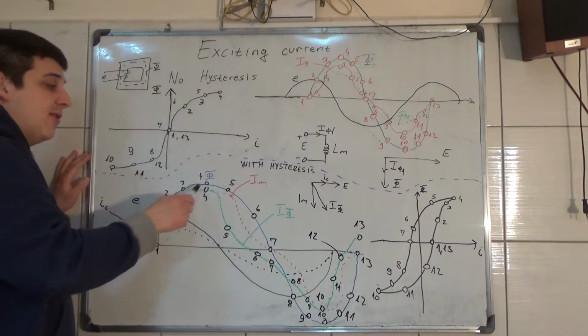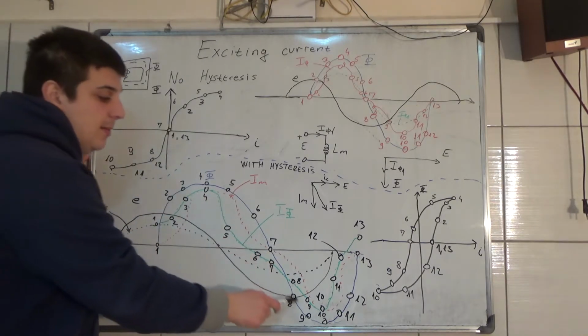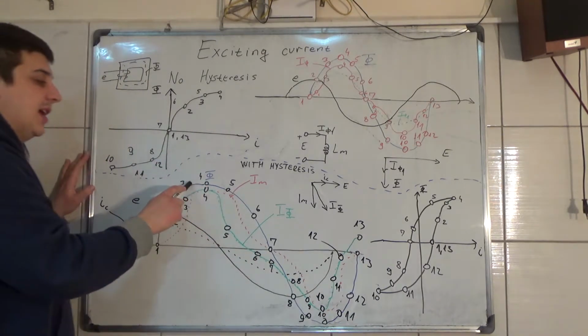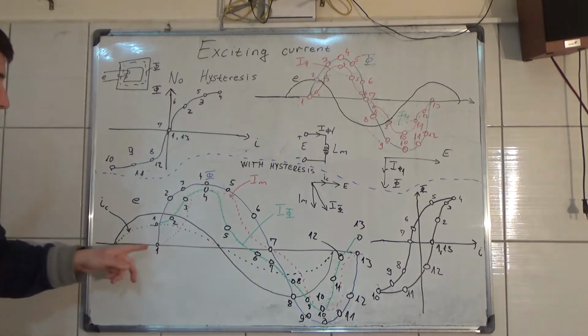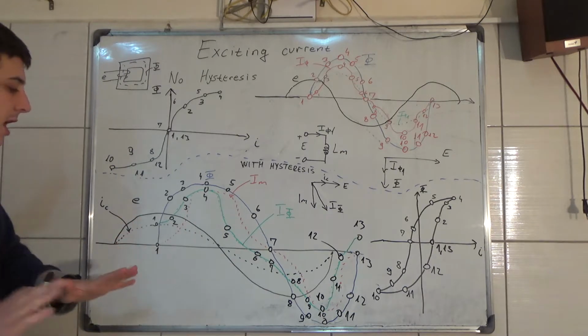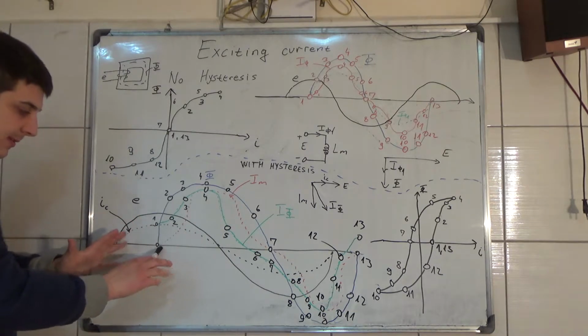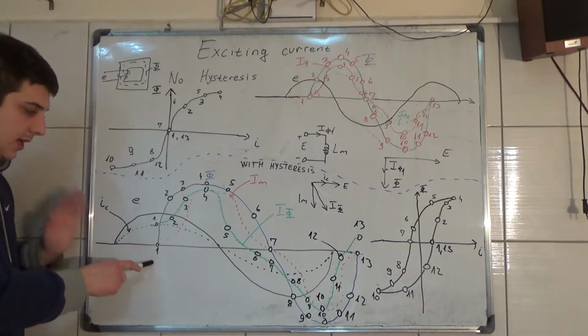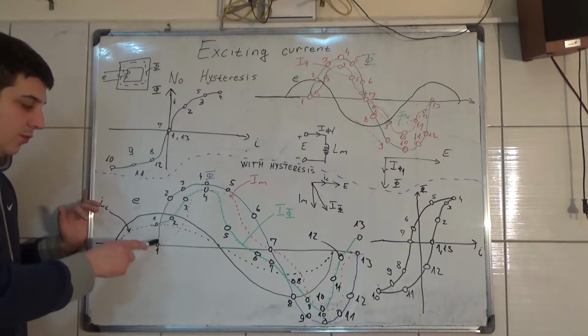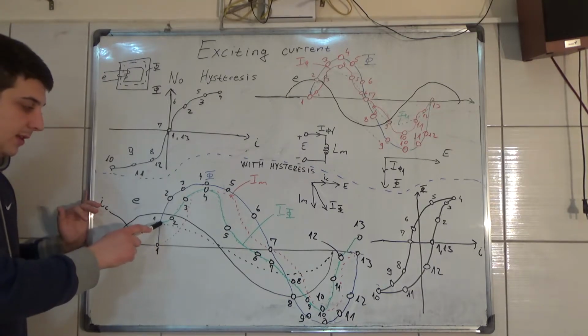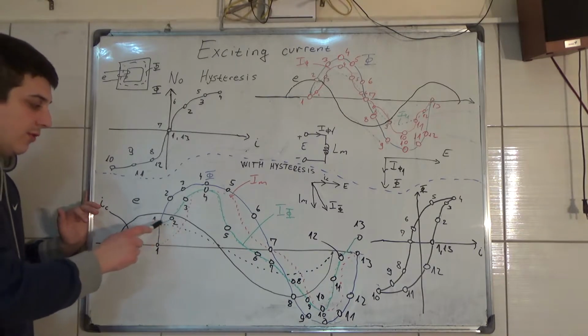So we will have a sinusoidal magnetic flux, which in this case is the blue line. Now, at this point the magnetic flux is 0, so this blue line is 0. But at this point, the green line starts from here.